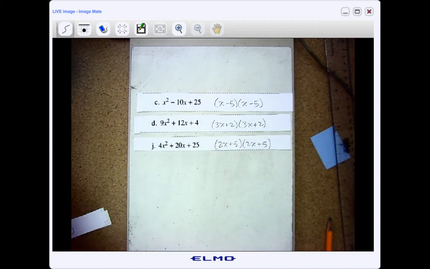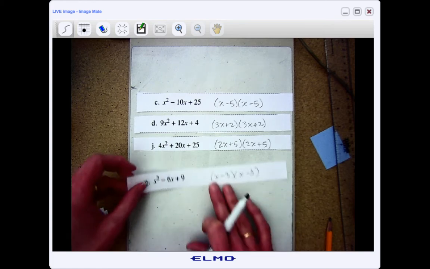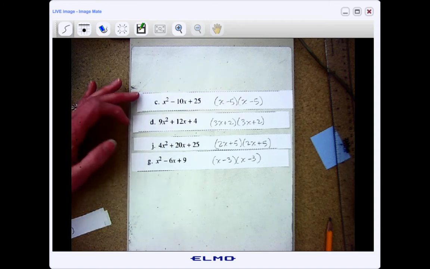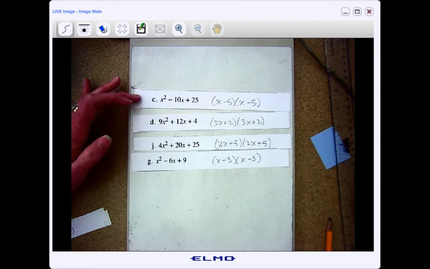And J. Oops. Oh, yeah, sorry, it was G. Ding dong. Did you find these to have the same or a similar factoring pattern?